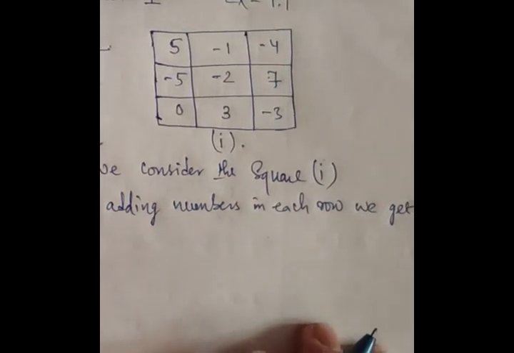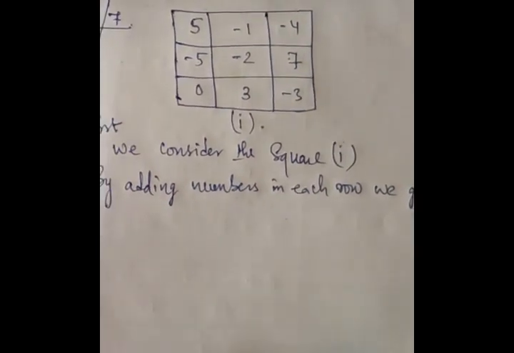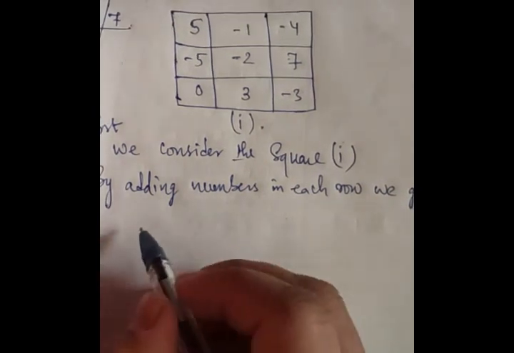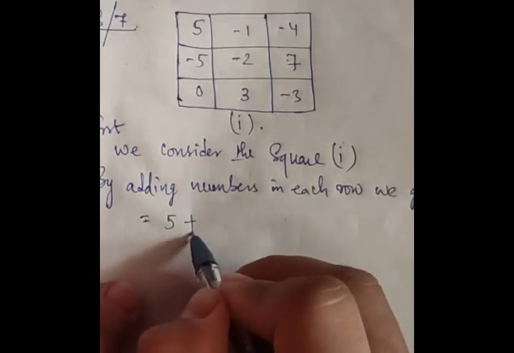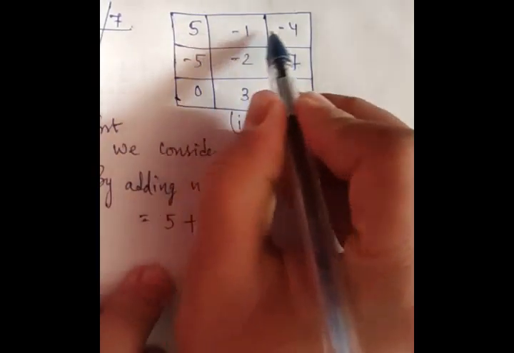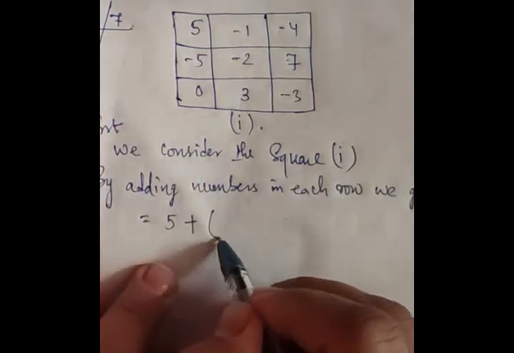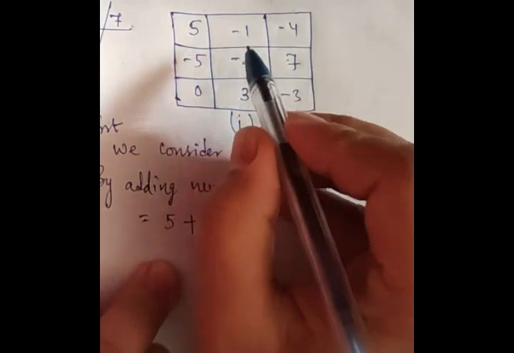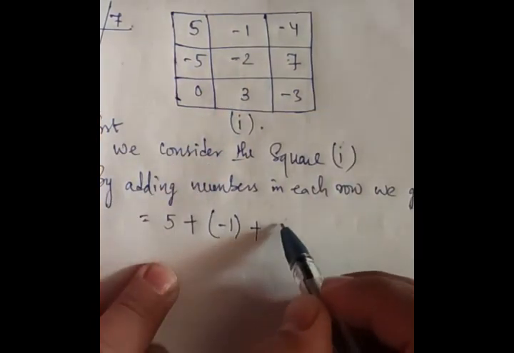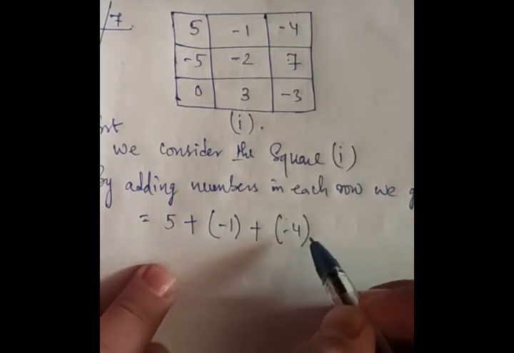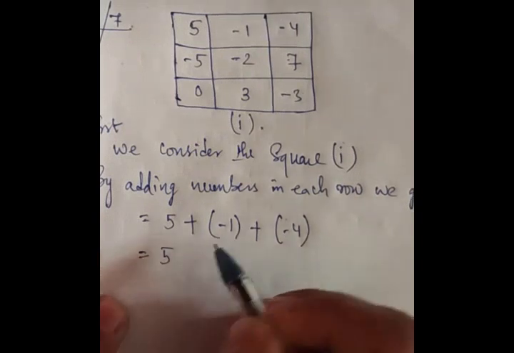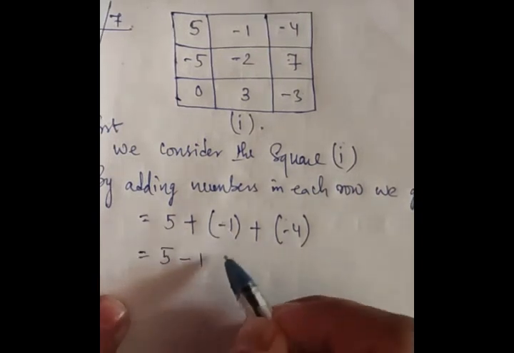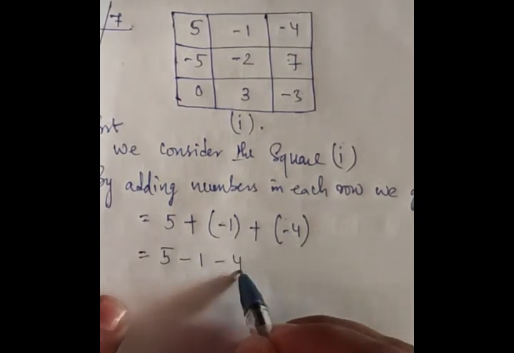By adding each number in each row, we get 5 plus, so this is your first row. In brackets you have to put the negative integer, again plus, then minus 4, which equals minus 5 plus minus minus 1 plus minus minus 4.